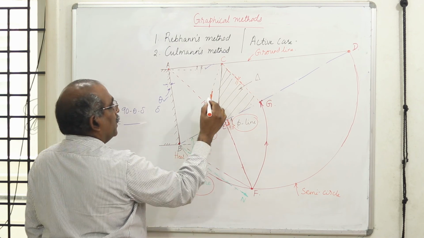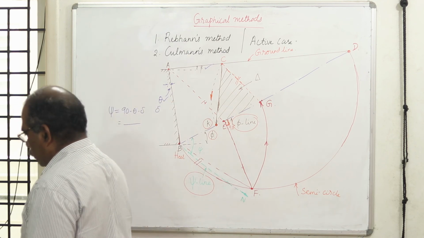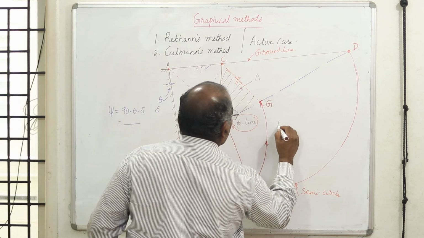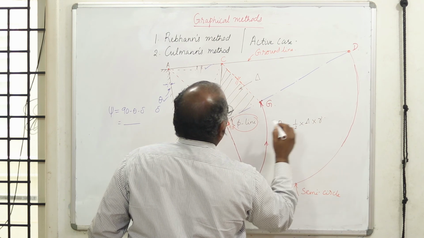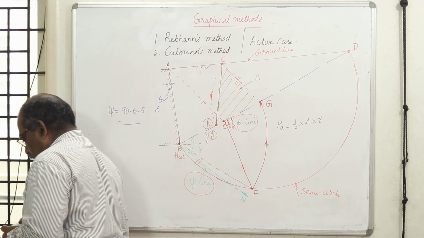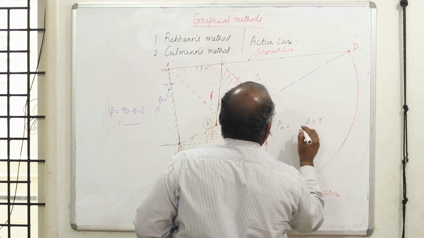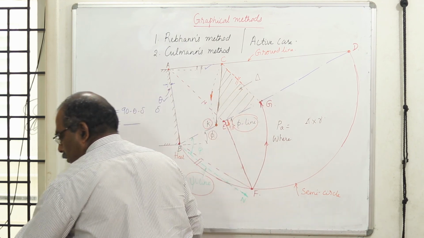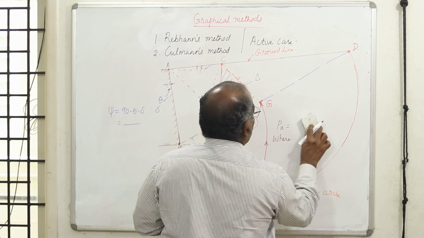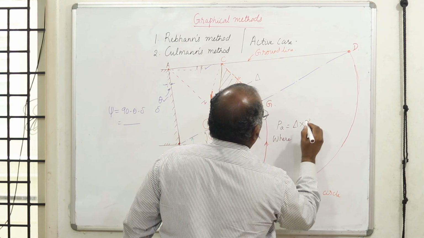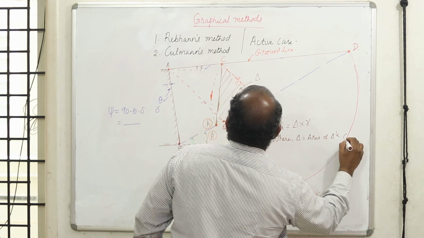Join CK, then hatch this triangle. Therefore, your thrust PA is equal to delta into gamma, where delta is the area of triangle GCK.